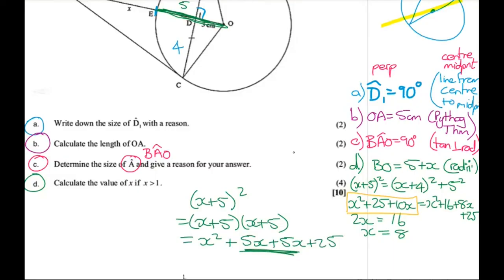And those two there give you the 10x. So please remember that because there are two terms in that bracket, you can't just square everything. You have to do the full FOIL, or use the shortcut that Michelle used, which is square the first and the last term, and then for the third term you multiply the terms and double them. So that's the 5x, and then you times it by 2 to get the 10x.